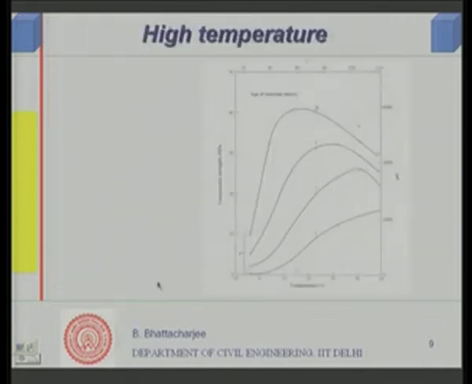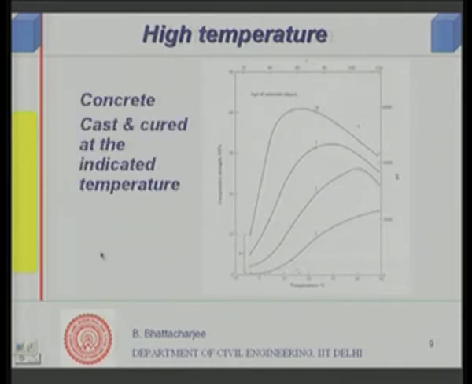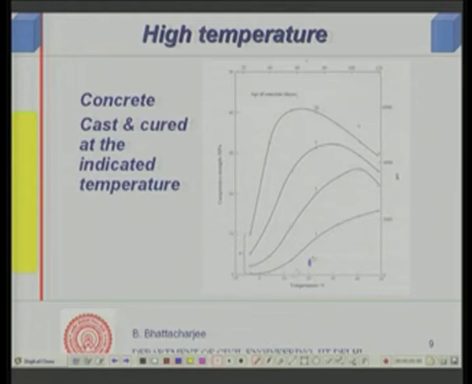Now, let us look at the high temperature situation, high temperature curing. If I subject concrete to high temperature, that is, concrete cast and cured at the indicated temperature, as you can see, let us say it is cast at 30 degree centigrade and cured for 1 day, you will get this strength.